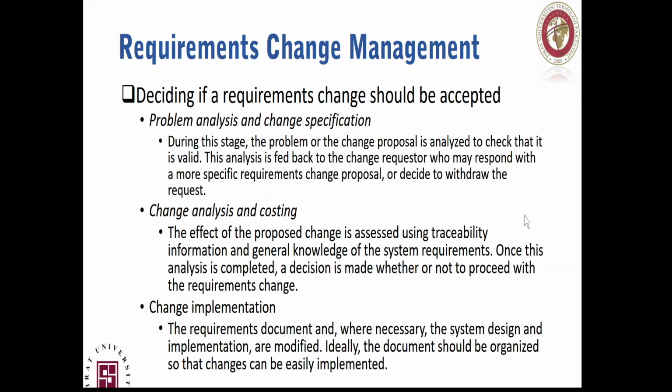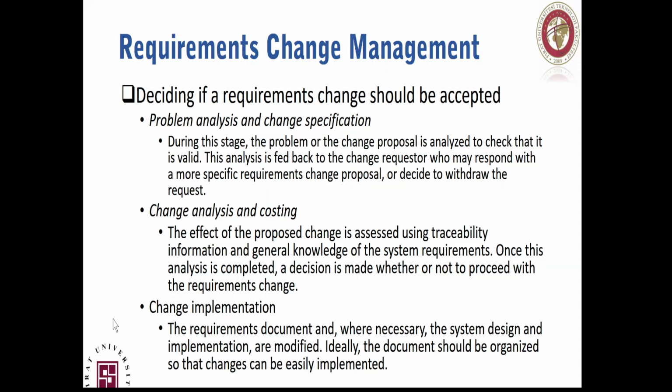We have the knowledge of the system and we have the traceability of which one depends on what, which requirement is dependent and which requirement is independent. So the total cost should be calculated in terms of budget or money or time. And then there should be a decision whether we can proceed with the change requirement or not.